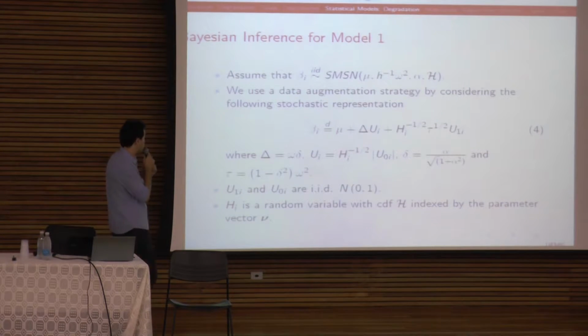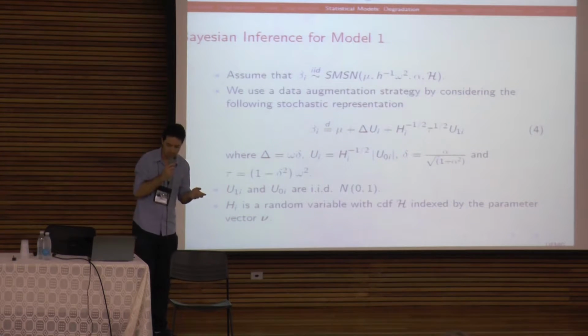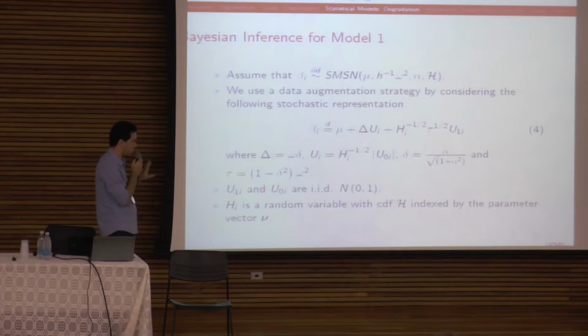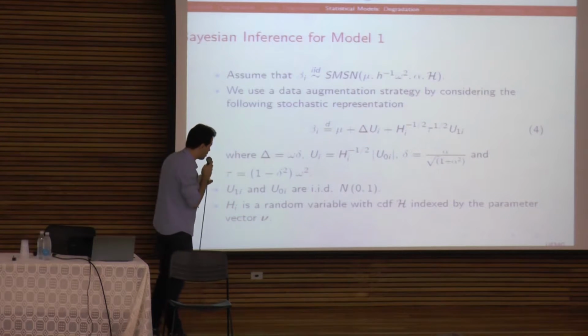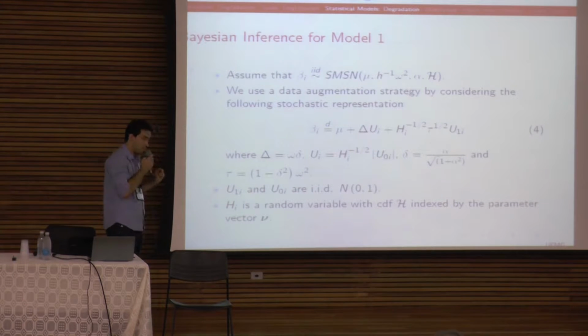If we assume the beta i as SMSN distribution, we can use a data augmentation scheme to ease up the construction of the algorithm. The calculus will get very easy. And besides that, we have this parameterization here that will ease up even more the algorithm.